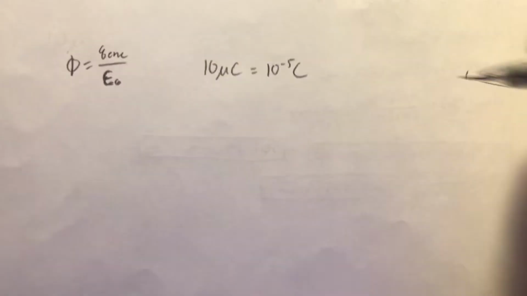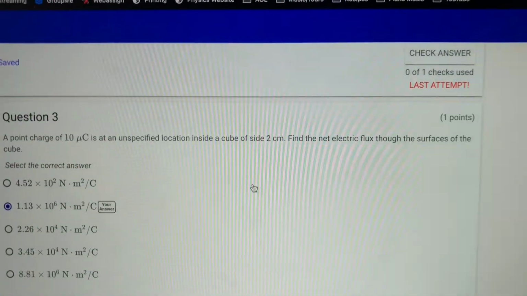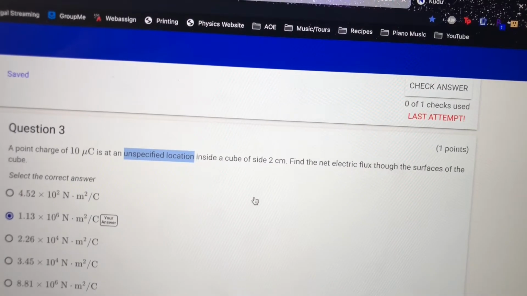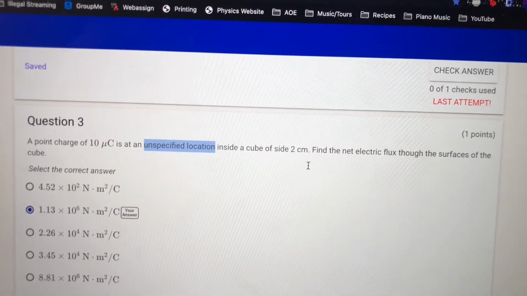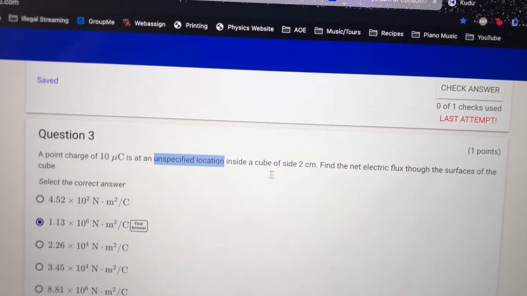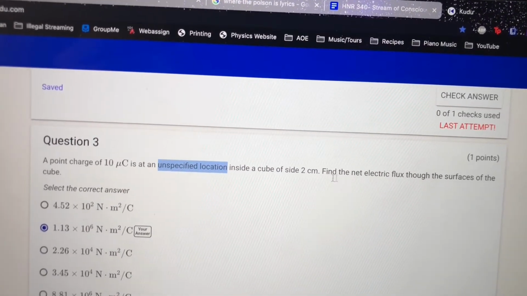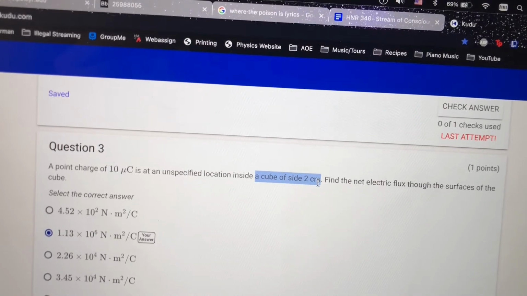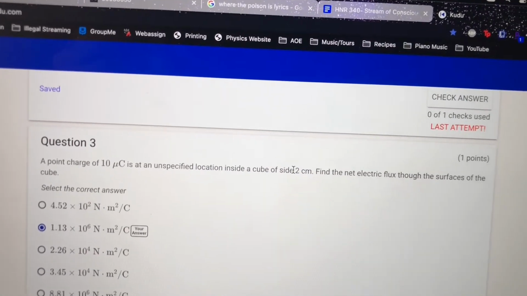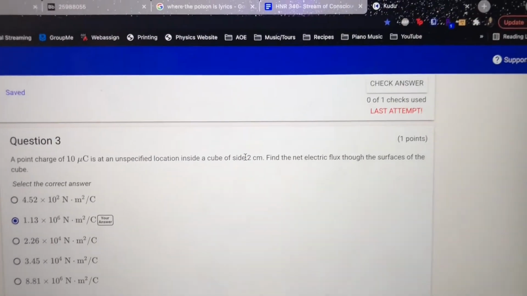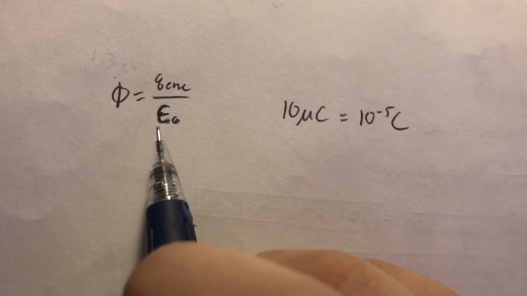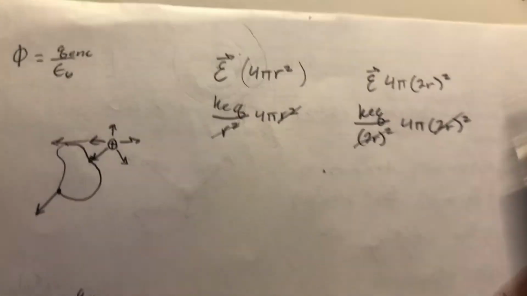It's at an unspecified location, which makes trying to sum up the electric fields and the flux for each of the faces a very difficult problem. But since it's inside a cube, and a cube is a closed shape, it doesn't even matter that it's 2 centimeters wide, because our flux is independent of the size, like we saw with the spheres.